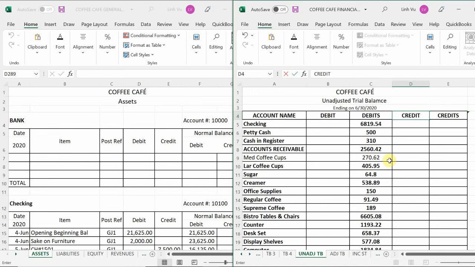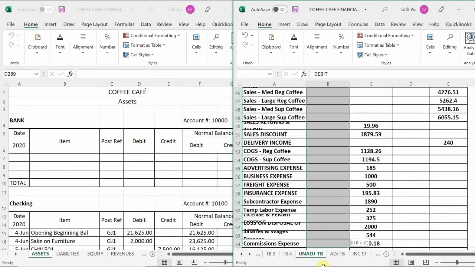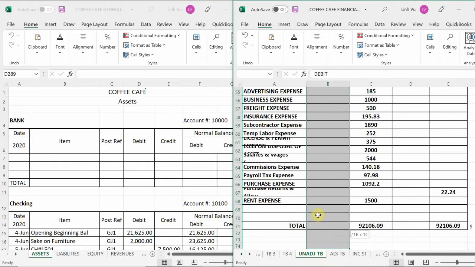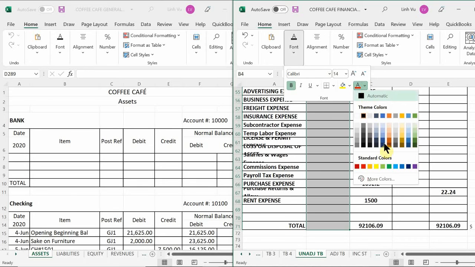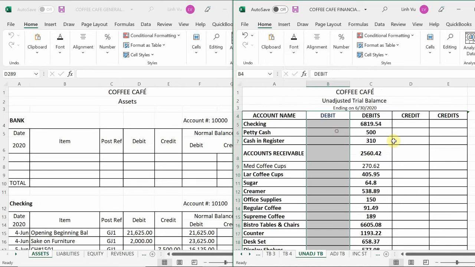Now, I'm going to make them different colors so we are able to see the difference between the two. So I'm going to start off by making them blue. Okay, I'm going to make the font color blue, and I'm also going to make this one, right?